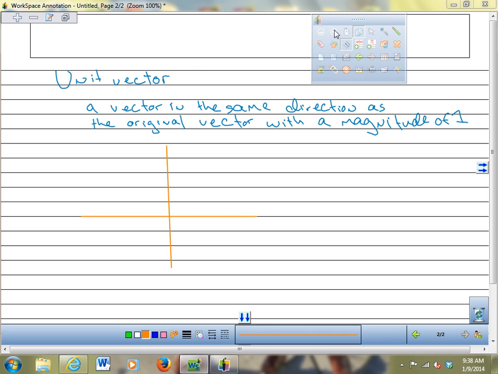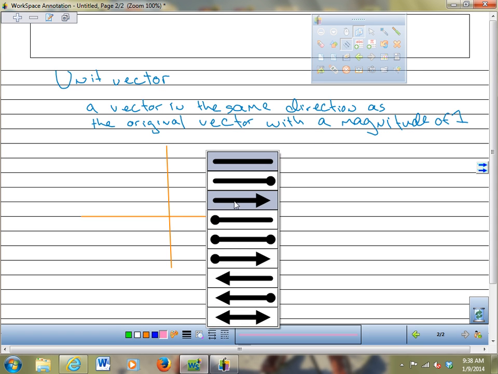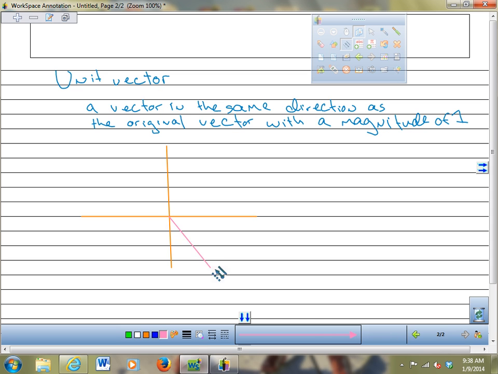Okay. A unit vector is a vector in the same direction as the original vector, but with a magnitude of 1. So, for instance, if you have some vector that's going down here in this direction. So here's a vector going down here, and it has some certain magnitude, say like 10 or 15 or 72.37 or something like that.